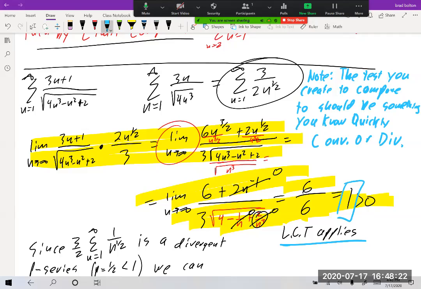The thing is, you want your comparison test to be something that you quickly know if it's convergent or divergent. The moment I wrote that test, I already knew that it was a divergent p-series.